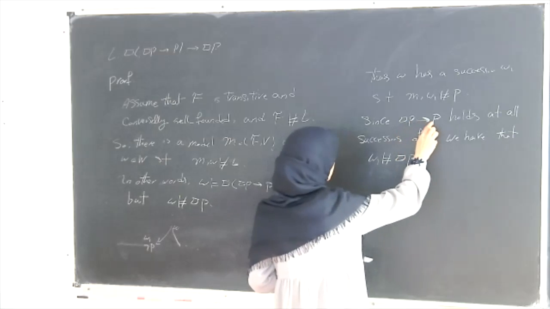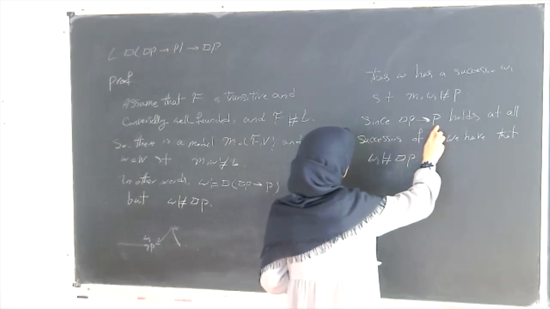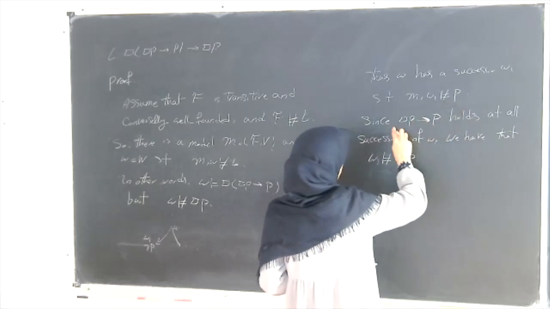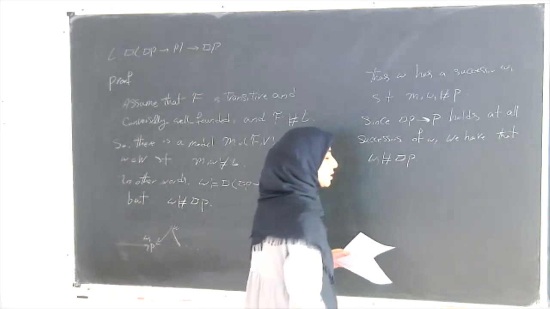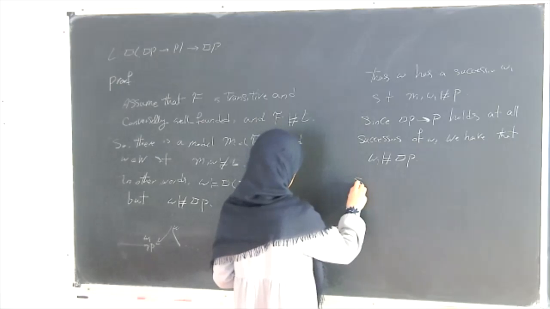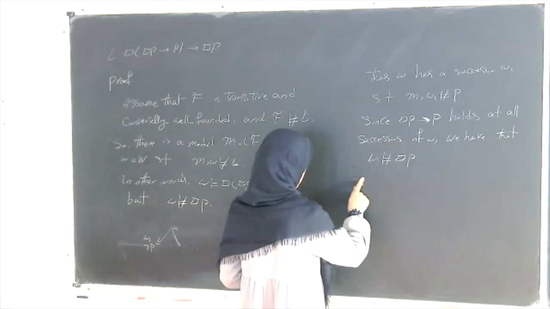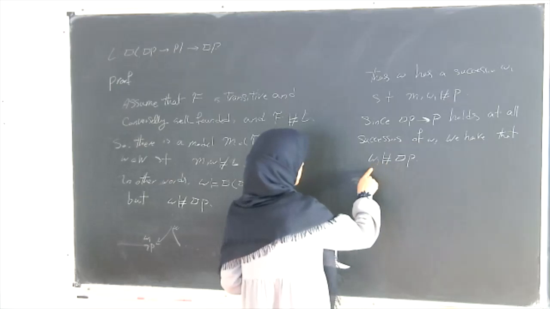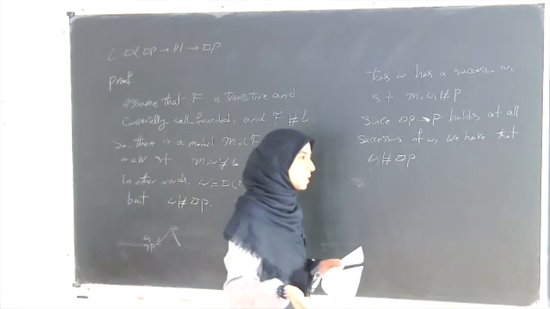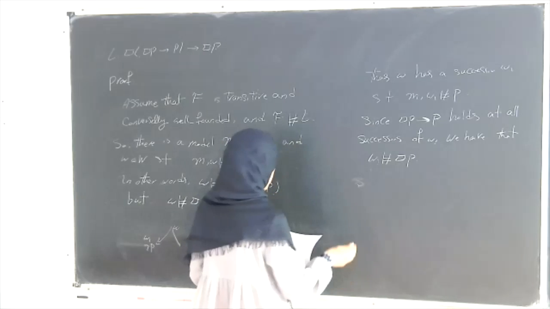So box of P then P is true at W1. P is not true in W1, so box of P is not true in W1. So W1 has a successor W2 where P is not true.